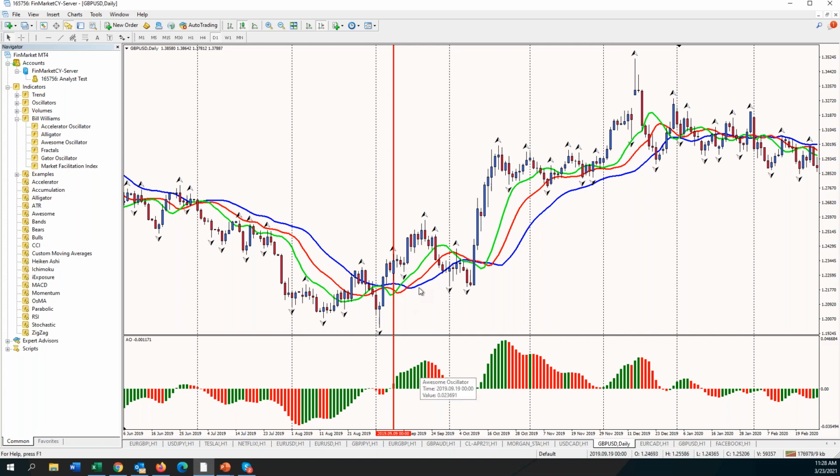Here you have your higher highs, and here you have your oscillator stating a positive momentum, at least for now. You have a break of fractals somewhere here, boom, with force.